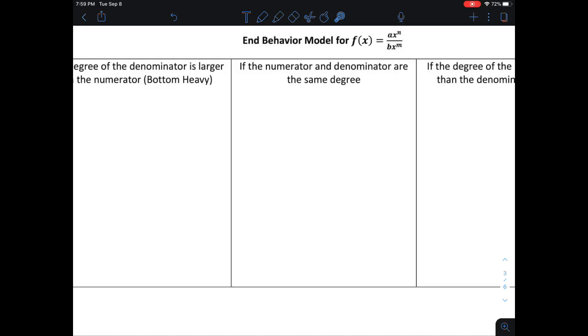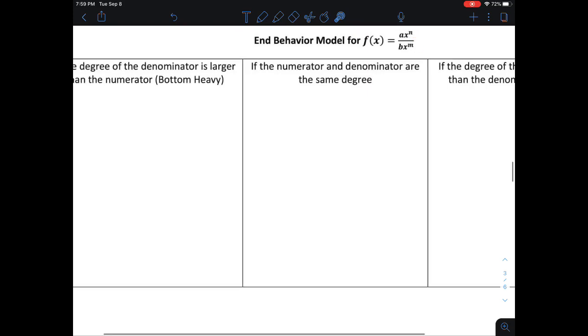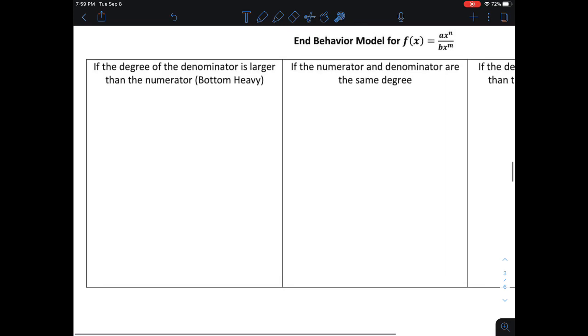Our end behavior model strictly compares the sizes of the exponents between the top and the bottom. If the degree of the denominator is larger, a lot of people like to think of that as being bottom heavy. That means the denominator grows faster than the numerator does, meaning that there will always be a horizontal asymptote of y equals 0.